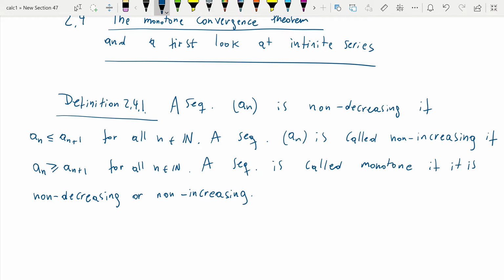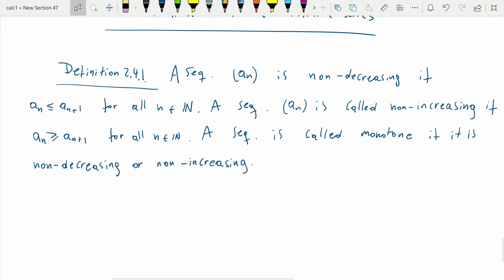Since there are no oscillations, if such a sequence is bounded, for instance a non-decreasing sequence bounded from above, then you'll be able to find a limit. The same thing holds for non-increasing sequences, and that's the relation between the two concepts. One is just a mirror of the other.